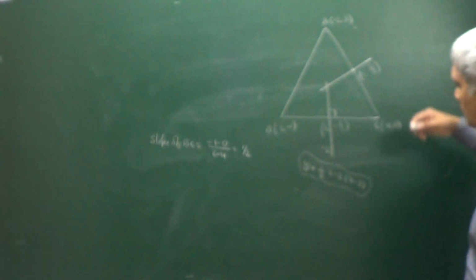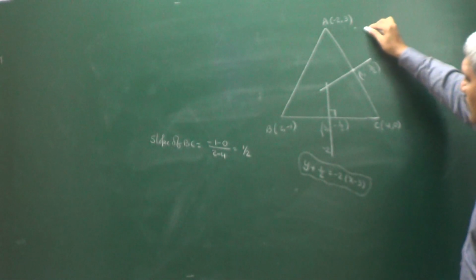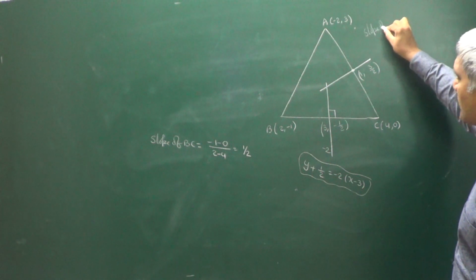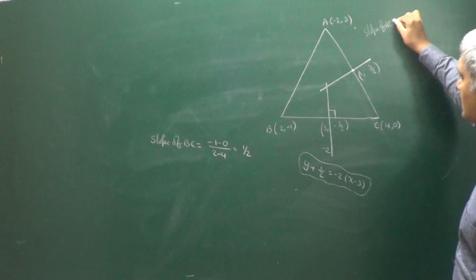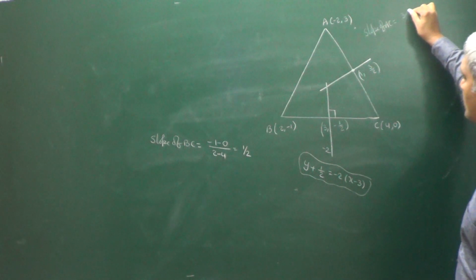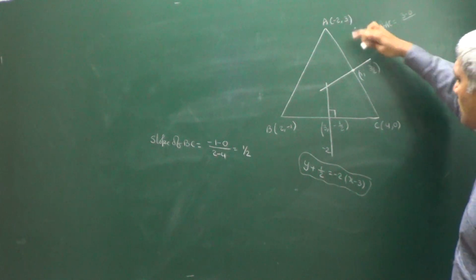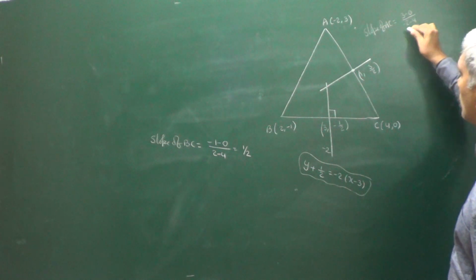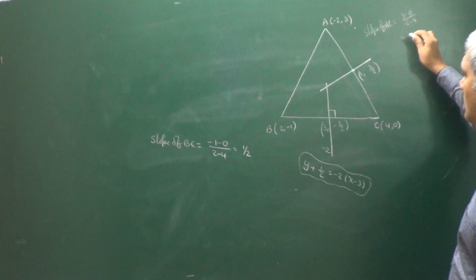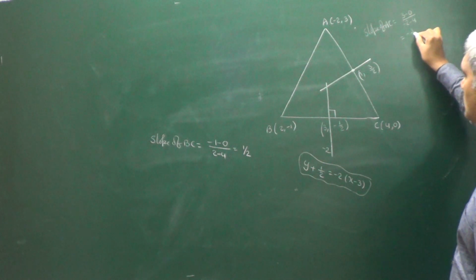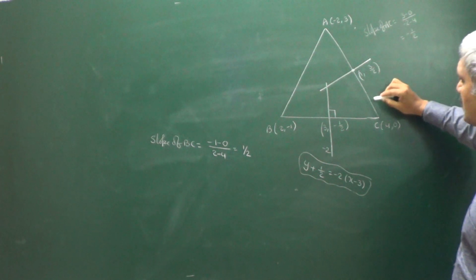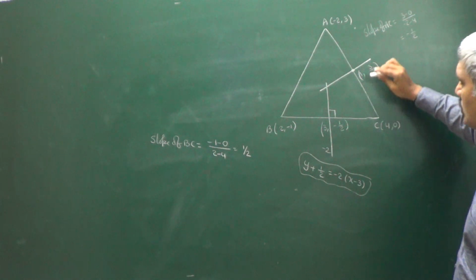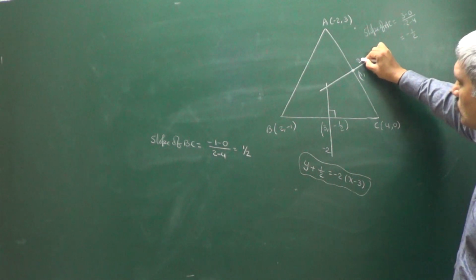Next, what is the slope of AC? Come on, I am asking the slope of AC. AC slope is equal to (3 - 0) divided by (-2 - 4), so you will get -1/2. But since this line's slope is -1/2, definitely the perpendicular line's slope is 2.